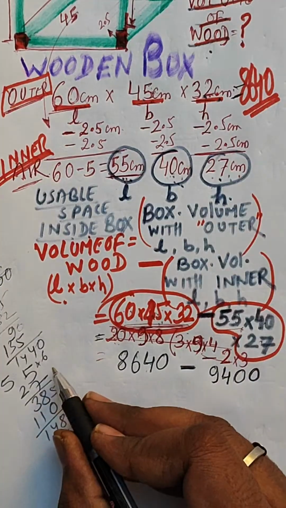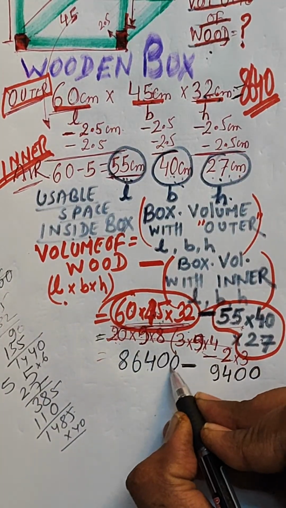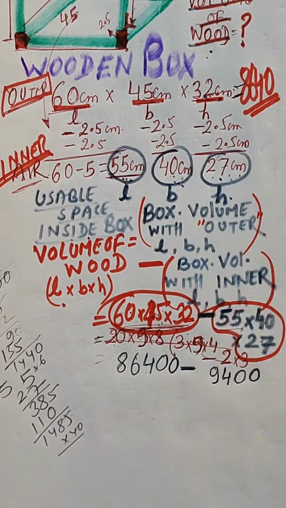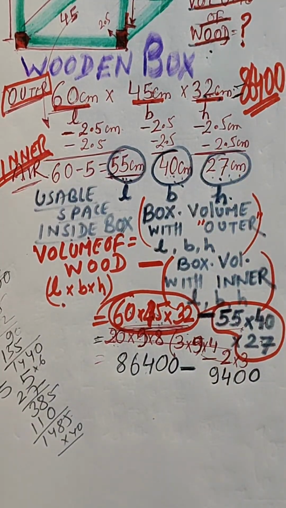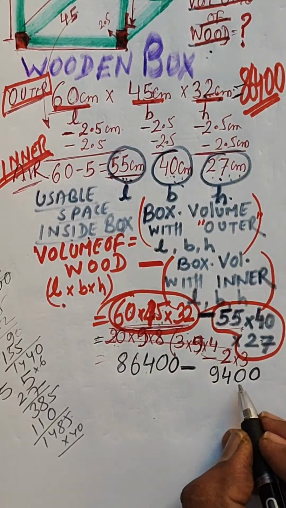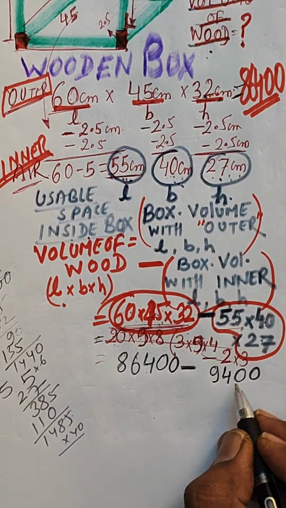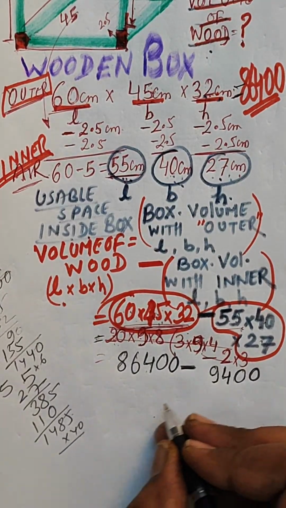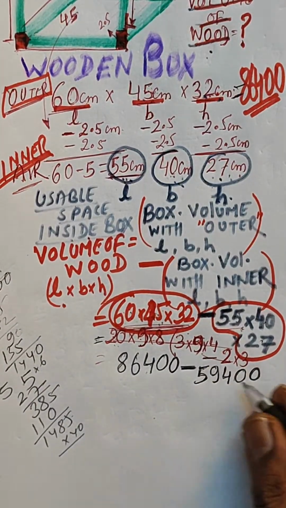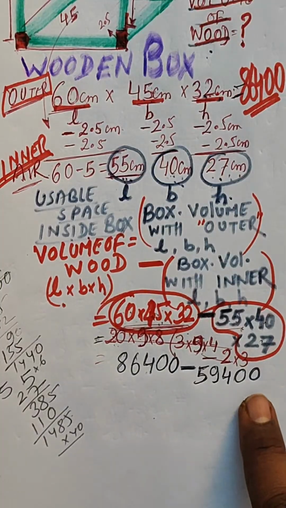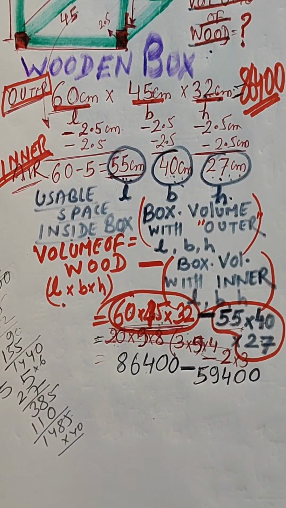8640, and from 6 1 0 was left. So this is 86400. One more 0 will be there. And from here it will be 4, 5, 20, carry 2. So it is coming to 59400. 59400 is the volume of the wooden box with internal dimensions.